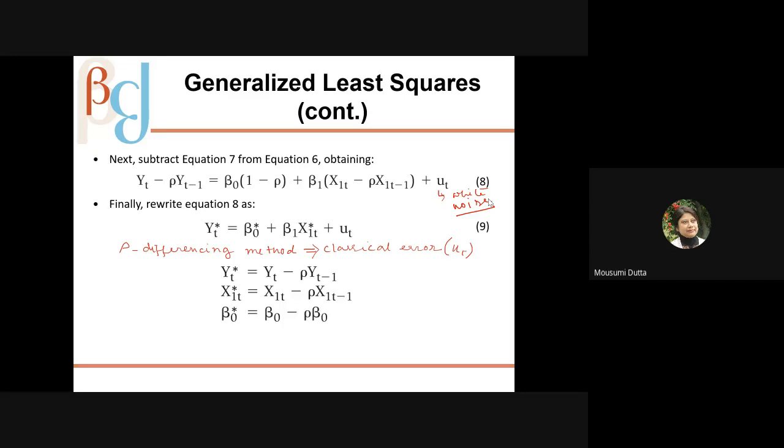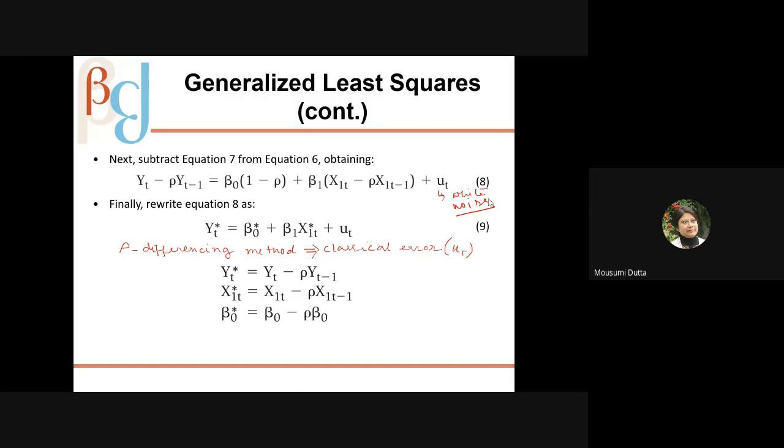If I transform the equation in this way, I am getting back the white noise and I am getting back the best linear unbiased estimator if I apply OLS on this.